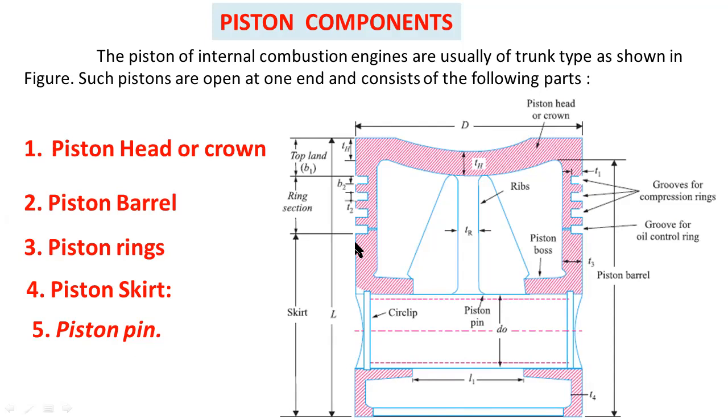The piston is a disc which reciprocates within a cylinder. Within a cylinder, it is either moved by the fluid or it moves the fluid which enters the cylinder. The main function of the piston of an internal combustion engine is to receive the impulse from the expanding gas and to transmit the energy to the crankshaft through the connecting rod.